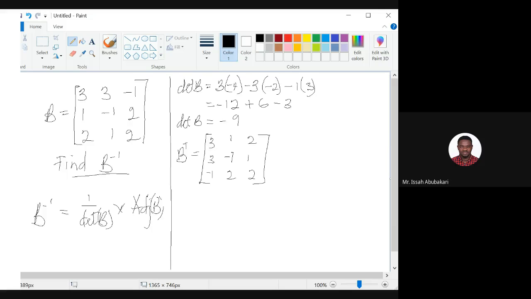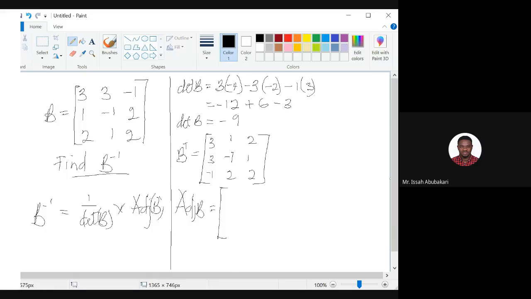And after that, we calculate the determinant of each and every element, and then we multiply it by the sign chart.